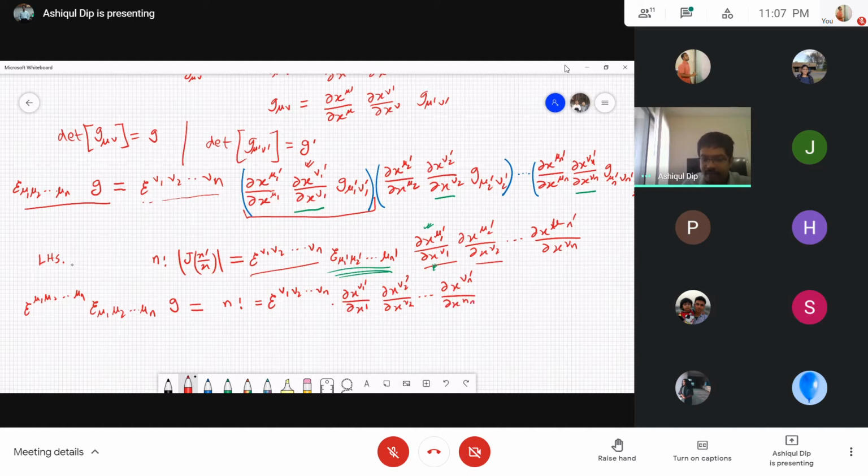Then we have the second similar terms, that is delta x mu1 prime by delta x mu1, delta x mu2 prime by delta x mu2. I'm writing these terms in case you are not able to follow.